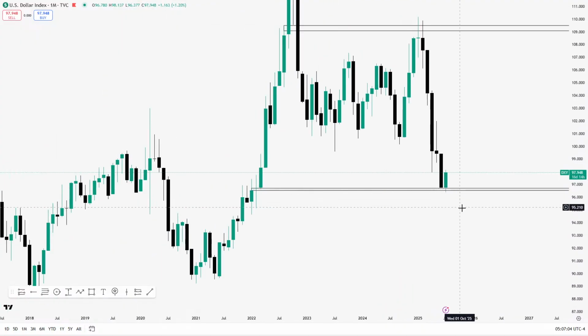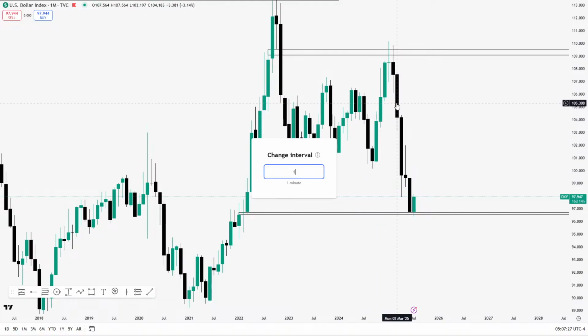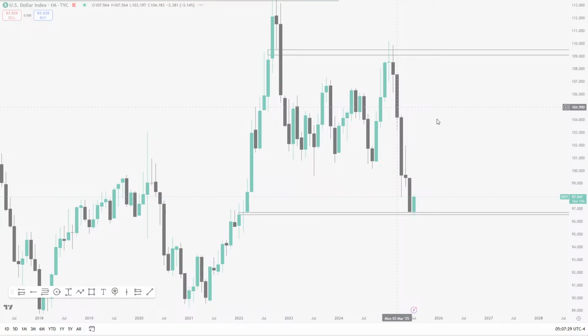I called this about two or three weeks ago, in the last commentary I did, I mentioned that this is going to react from this level, and we may see the dollar trading to the internal range inefficiency, the bearish breaker, the fair value gaps right there, the premium fair value, the reclaimed bearish order block on the monthly. All these are potential points of interest that the dollar will want to trade into.